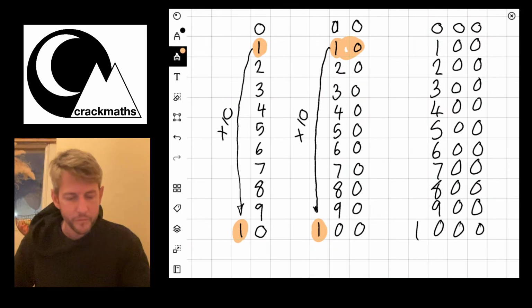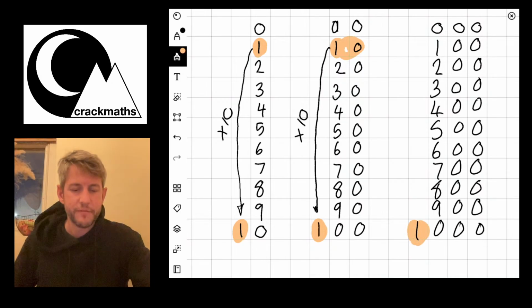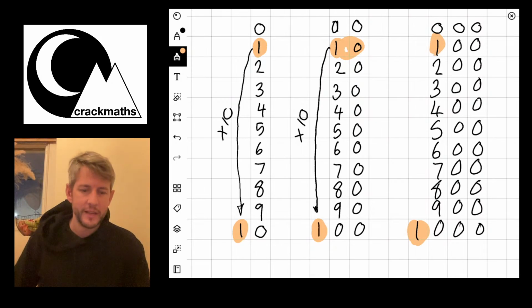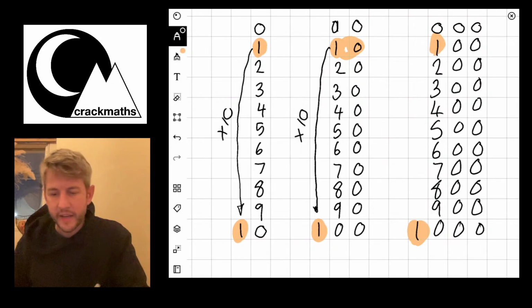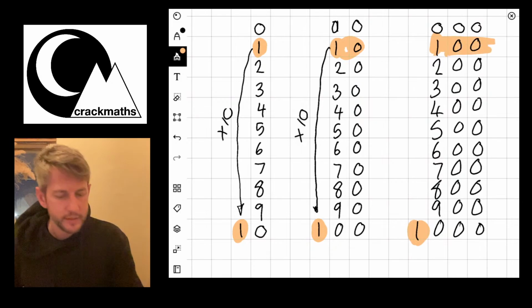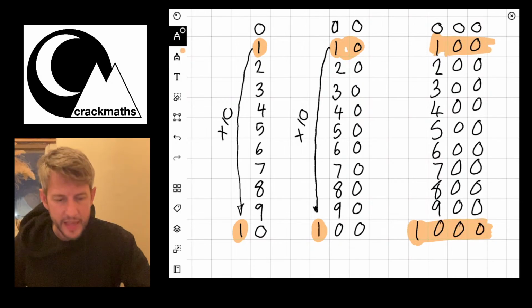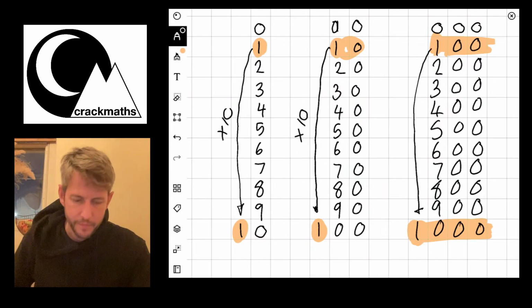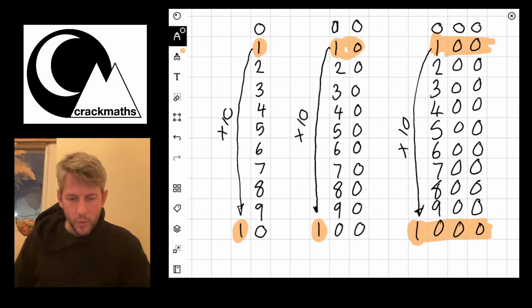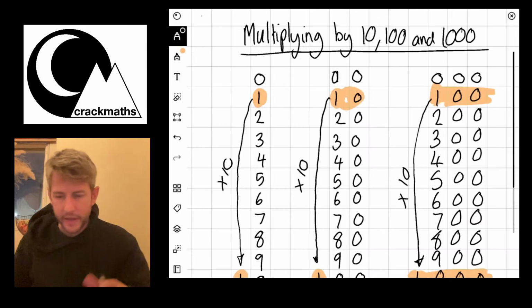So this time, this one has a different value to this one. And the link between this number here and this number here is that this one is 10 times that, okay?